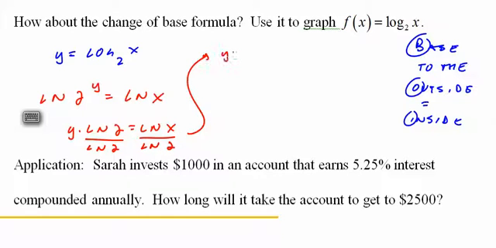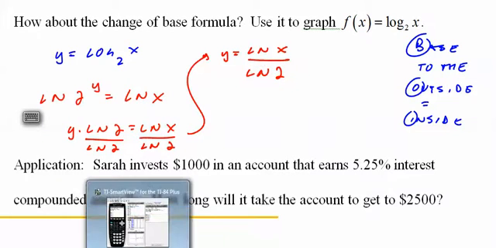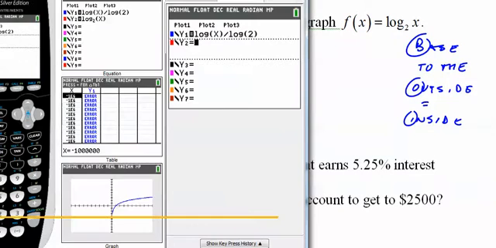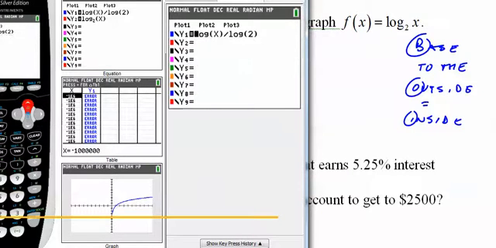We get y equals natural log of x over natural log of 2. So you can use this to graph. Actually, I'd prefer to put that in natural log, so I'm going to clear that and do it again: natural log of x divided by natural log of 2.